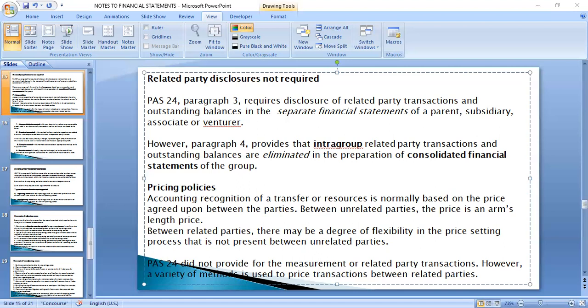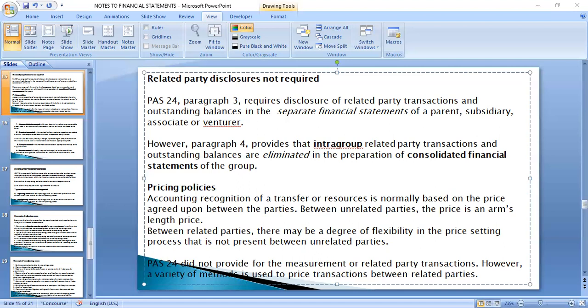Bankruptcy of a customer, which occurs after the reporting period. Sale of inventories after the reporting period may give evidence about the net realizable value at reporting date. The determination after the reporting period of the cost of assets purchased or the proceeds from assets sold before the end of the reporting period.